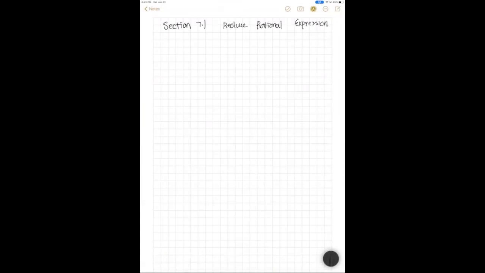Okay, first of all, rational expressions are something like x squared minus x plus 3 over 2x, or 3 over x minus 2, or 4 over 9, such as a fraction.